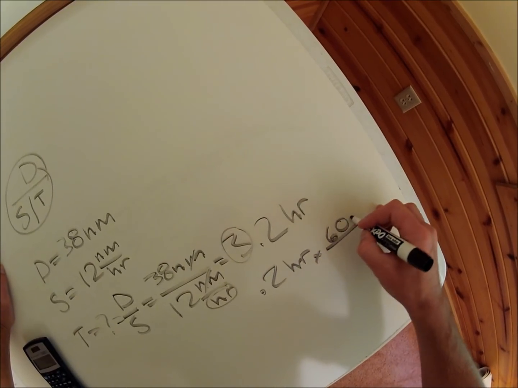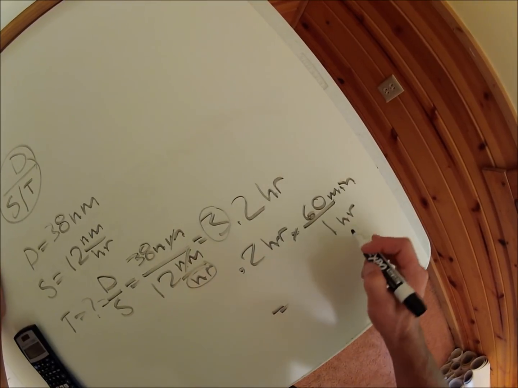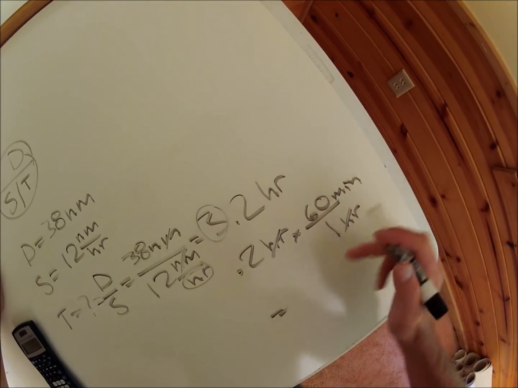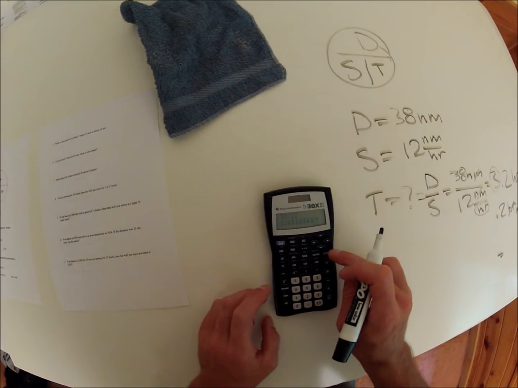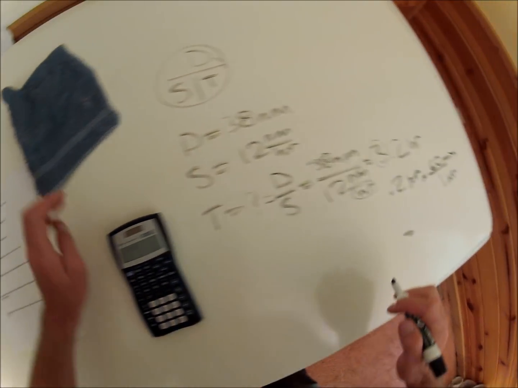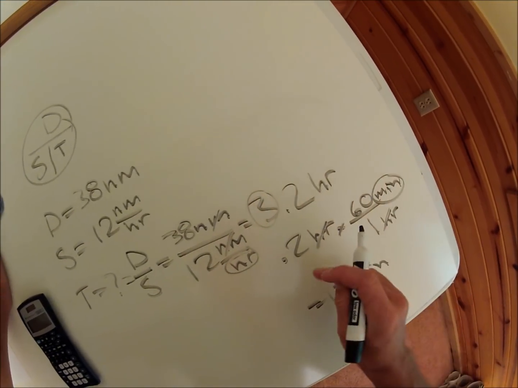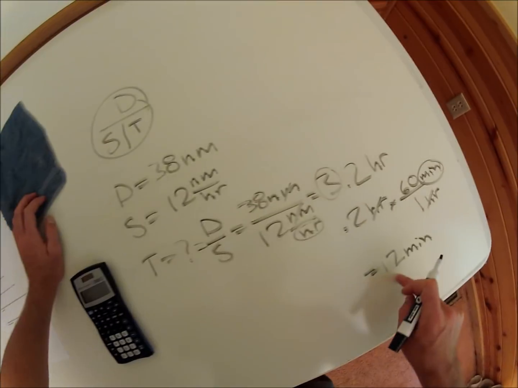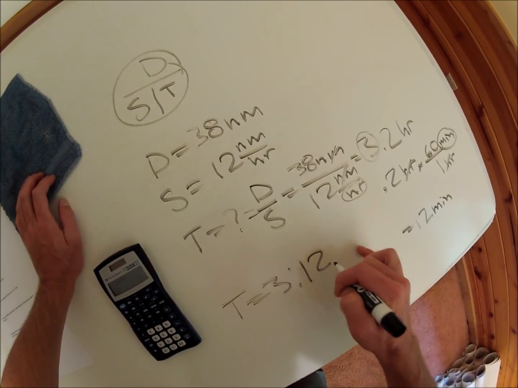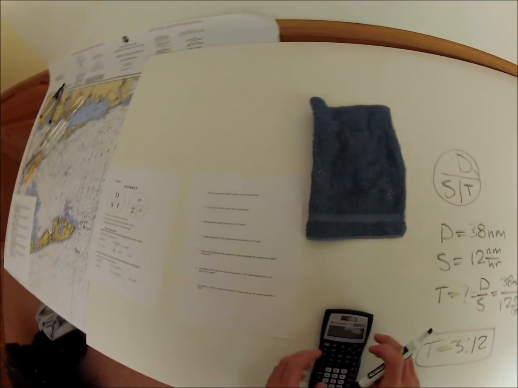There's 60 minutes in 1 hour, so all I'm doing here is crossing off hours. 0.2 times 60 equals 12 minutes. So 3 hours and 12 minutes. Our time is equal to 3 hours, 12 minutes. And that was the right answer. Alright, let's keep going.